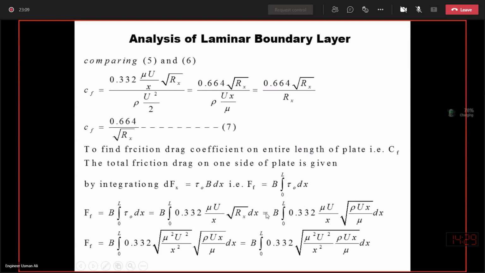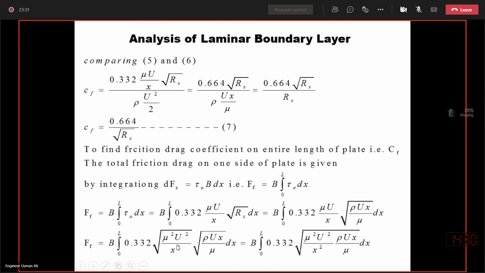Now we can further simplify certain things. We can put the value of Re x, that is rho u x over mu. Now if you want to write this under the root, we can take the square of these terms: mu square u square over x square under root, into rho u x over mu under root, into dx. I have done most of the steps so that you can understand this simplification.